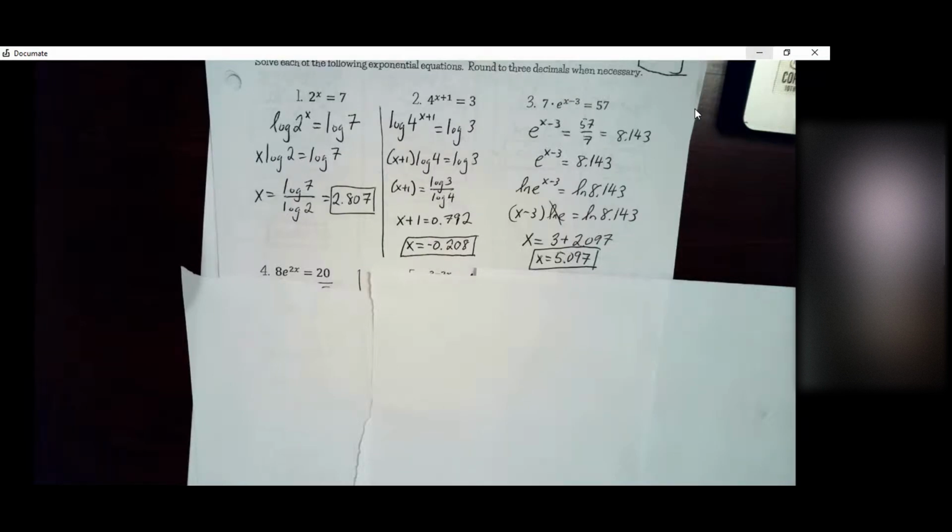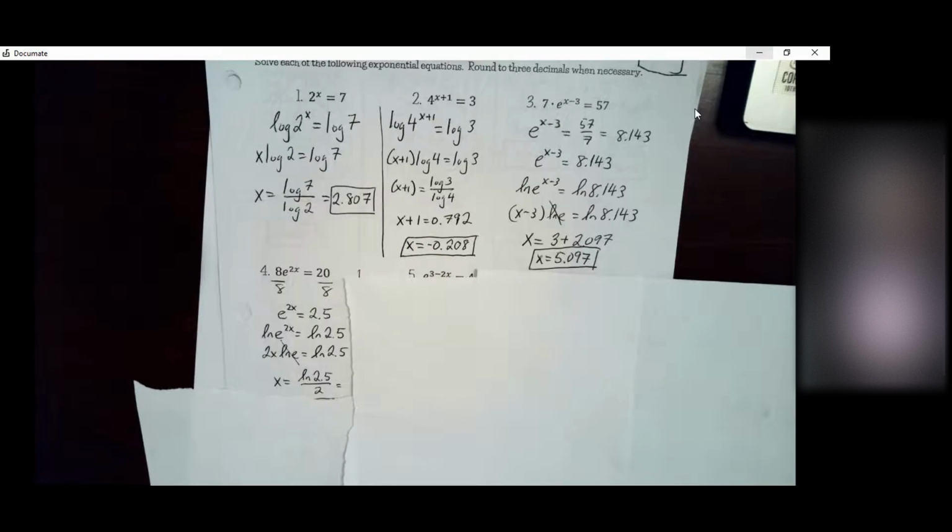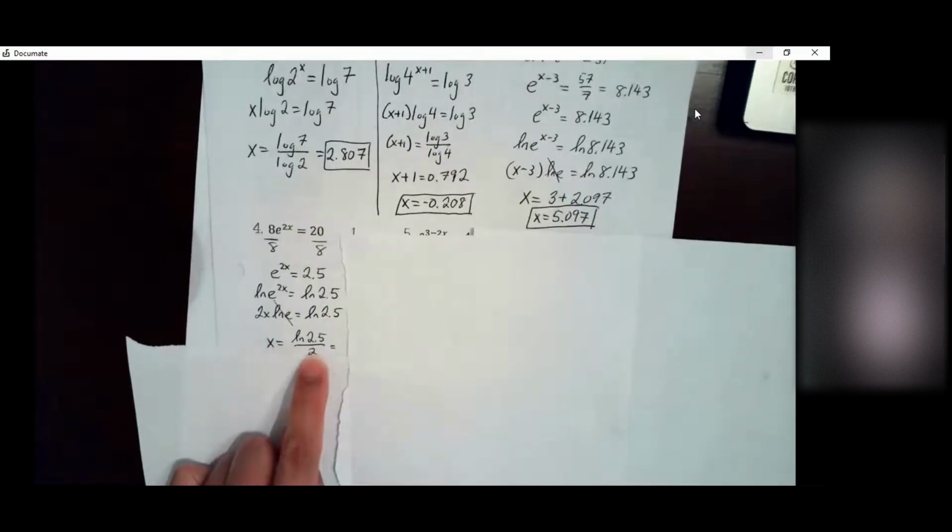So I got e to the 2x equals 2.5. 2x equals ln 2.5. x equals natural log 2.5 divided by 2. Good. And we want to make sure that it's not 2.5 divided by 2, it's the whole natural log 2.5 divided by 2. The 2.5 and 2 are not in the same places, so we can't divide those out. Oh, okay. So x equals 0.458.